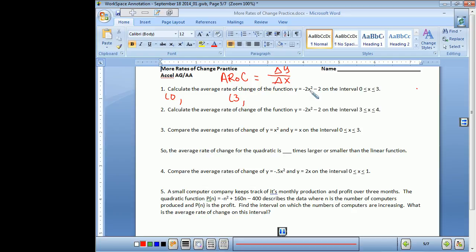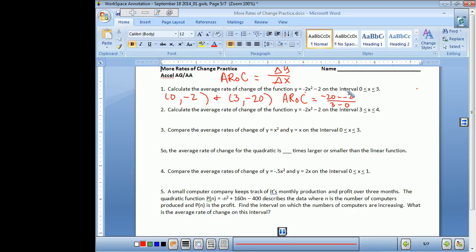Very good. So if we plug in 0, obviously all that goes away, and we're left with just -2. There's our first ordered pair. Now we plug in 3. 3 squared is 9. 9 times -2 is -18. Take away 2 more is -20. So if we're finding the average rate of change over this interval from 0 to 3, we would do -20 minus -2 over 3 minus 0.